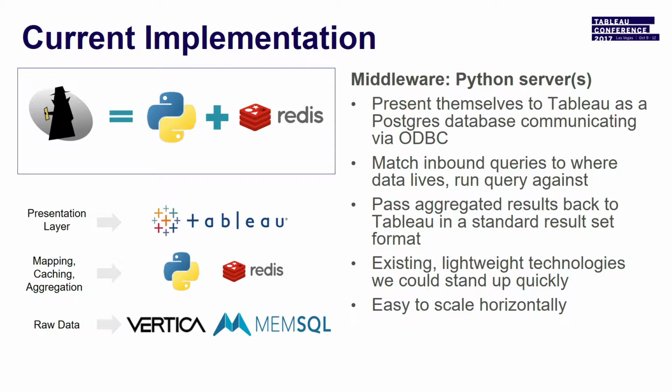I'm going to run the query versus that database, get it back, package it up, send it back to Tableau. And then Redis is hooked into the Python server, where we essentially say, all right, if we've seen this query before and we've gotten the results back, we don't even need to go to the database. That result set's already there. And this was very easy for us to build a POC and then scale out to meet the load that was put upon it.